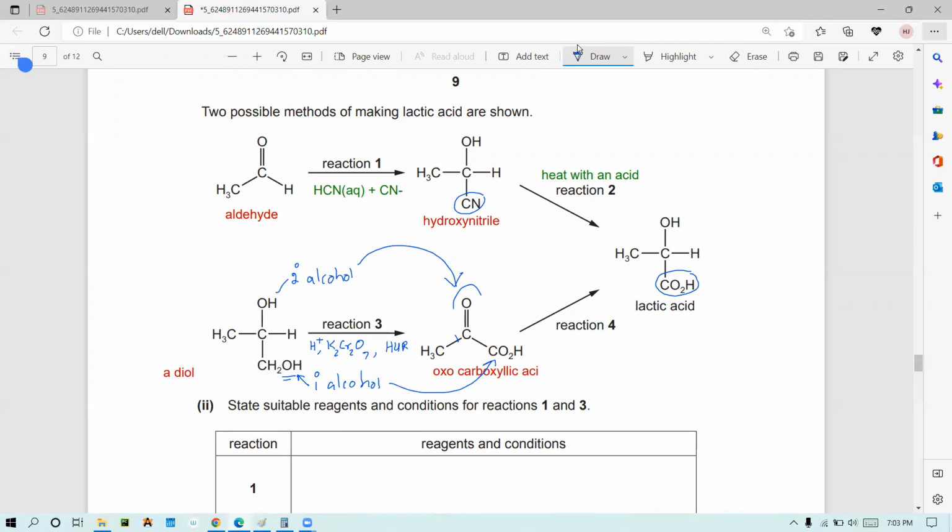And then from this carboxylic acid, we go to lactic acid. What has changed? This CO2H carboxylic acid group has not changed, but the C=O ketone group has gone to secondary alcohol. A ketone can be changed to secondary alcohol if you use a reducing agent for this. Reducing agent we use here is Al.